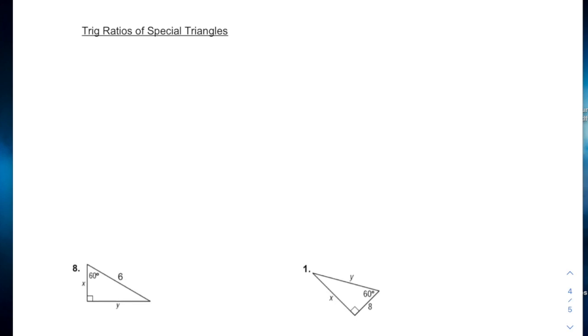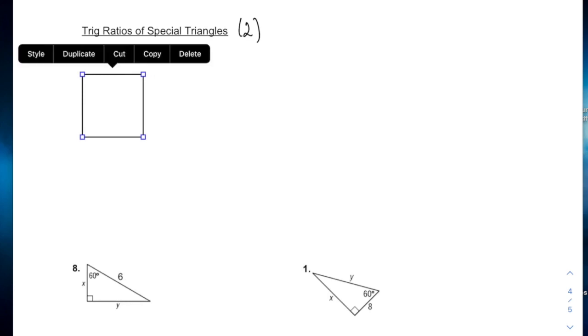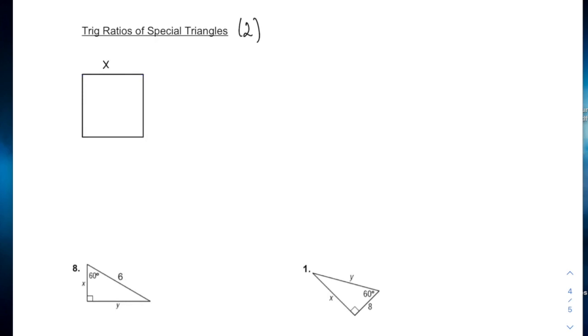So if you recall, we learned about two special triangles earlier in the year in our similarity unit. And the way we derived them is we started with a square of side length x.